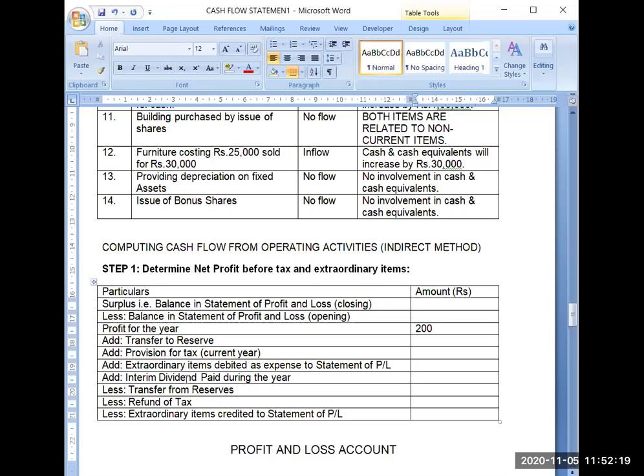Then you have to add the interim dividend. Now what is interim dividend? See, companies earn profit and they usually come to know about their profit at the end of the year. But if you see the practice these days, companies are preparing their financial statements on a quarterly basis.